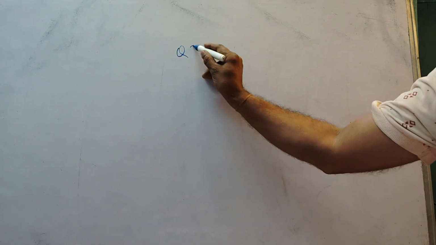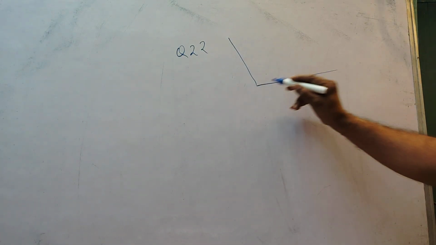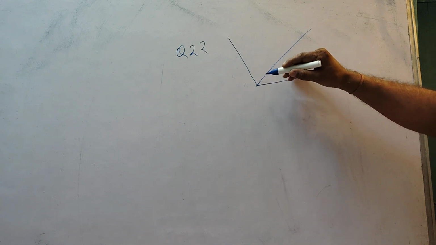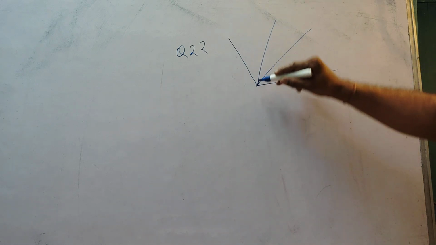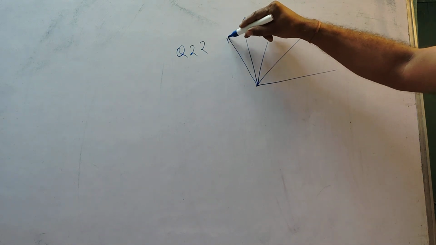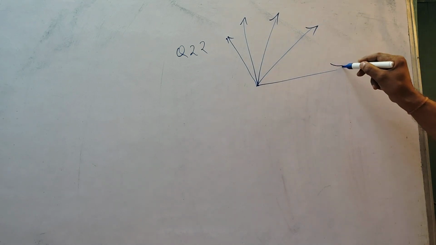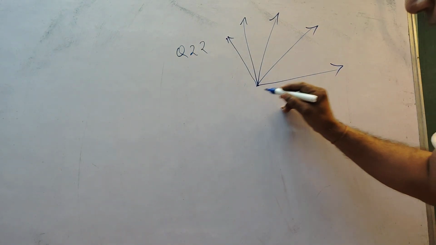Question number 22. There is a given figure. There is a line given. O is the vertex.